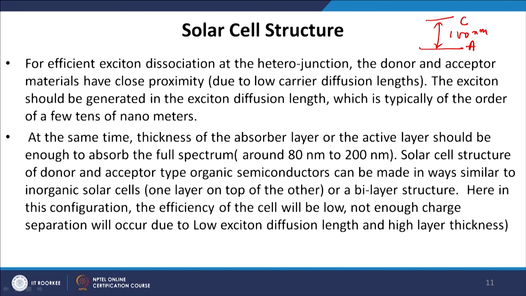But if the excitons or the charge carriers which are generated here can travel only 10 nanometers before they recombine, then only those charge carriers which have been generated in the vicinity of the electrodes will be collected by the electrodes, and those in between or in the bulk of the semiconductor cannot contribute to the effective charge carrier generation in the circuit.